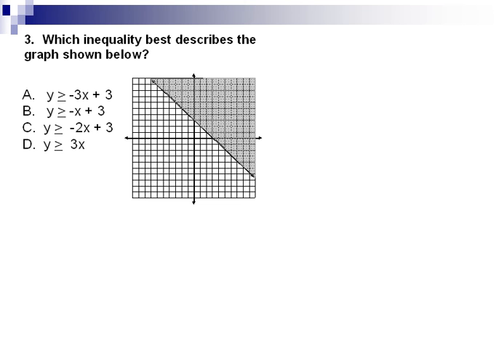In problem number 3, which inequality best describes the graph shown below? We are given 4 equations to choose from. In order to select the best, we're going to do what we call a linear regression. To begin that, we must choose 2 points on the line. Any 2 points that lie exactly on the line will work.